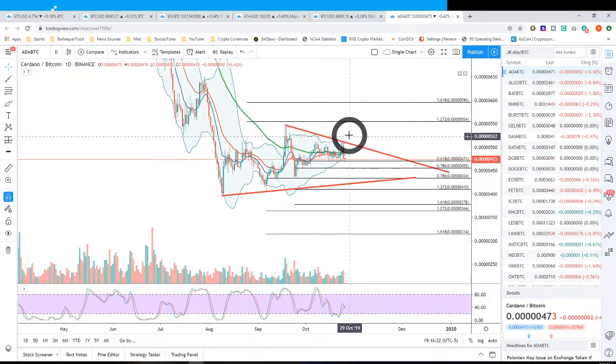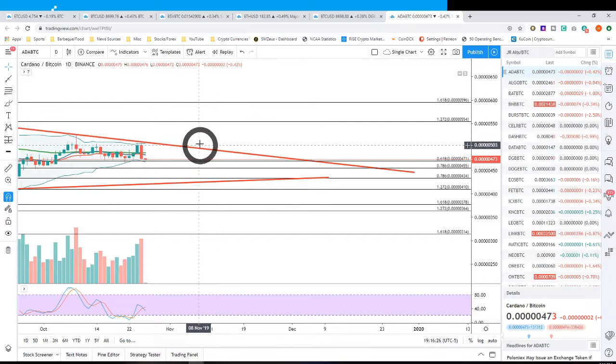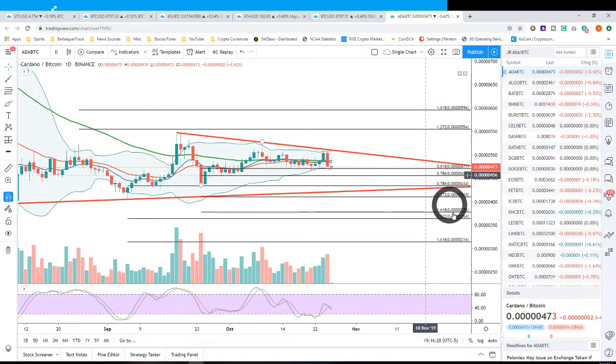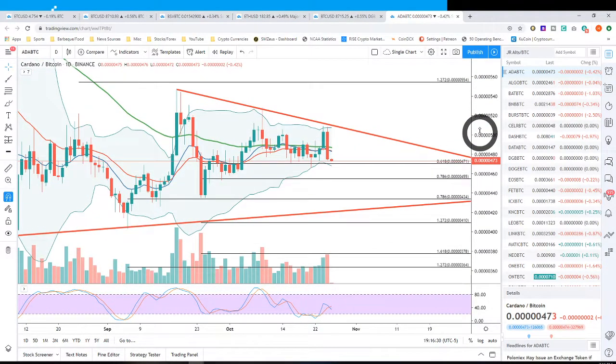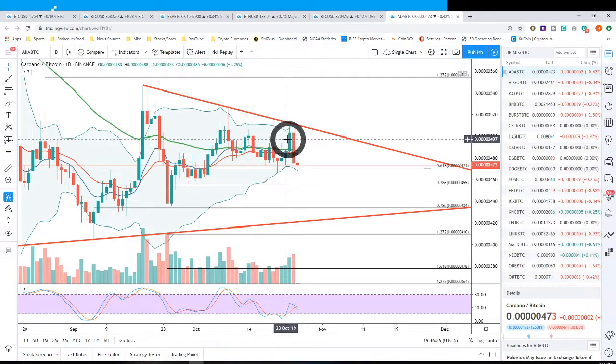okay, and you see on this chart, let me just show you real quick. I'm going to zoom in on ADA BTC. This candlestick pattern right here, these two, that is a bearish engulfing pattern, okay?